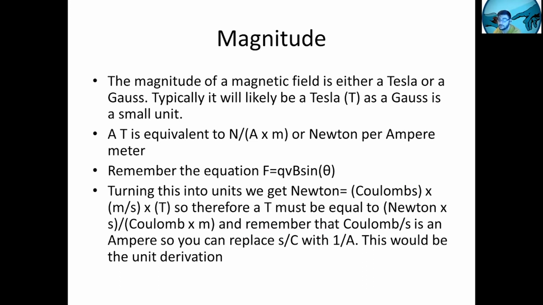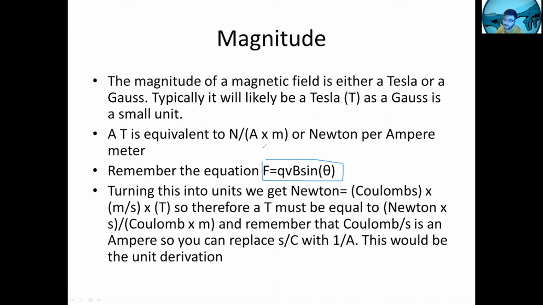A Tesla is equivalent to a Newton per ampere meter, right? That's the standardized units using units that you would know. Again, remember the equation that we used before. The equation to get magnetic force is force equals QVB sine theta. What we can do to find the units is turn this equation into units.